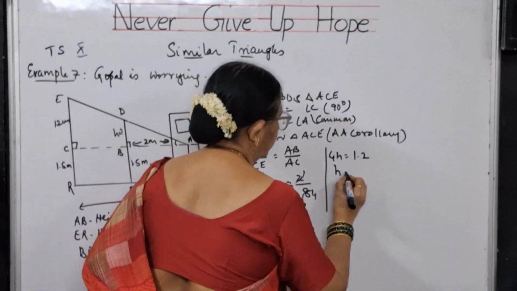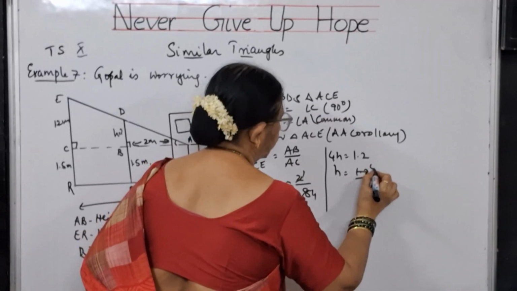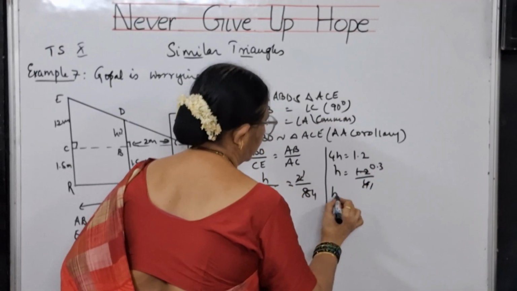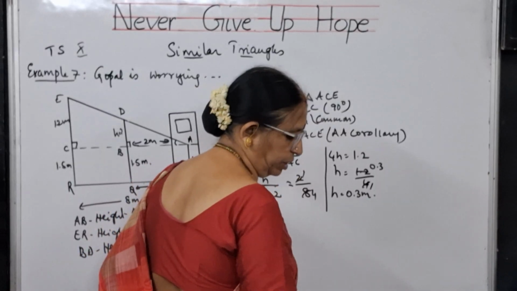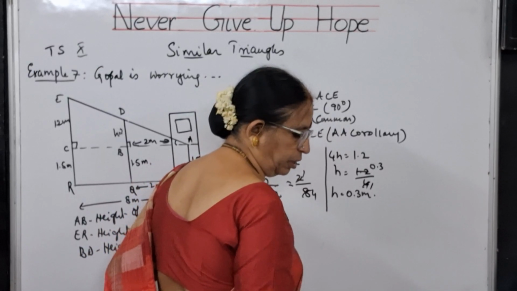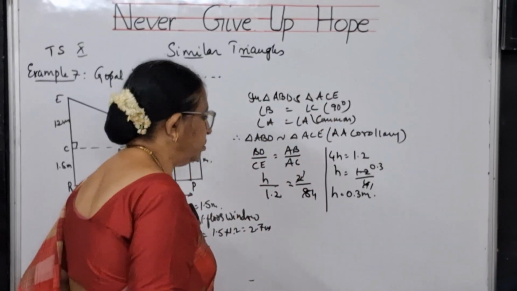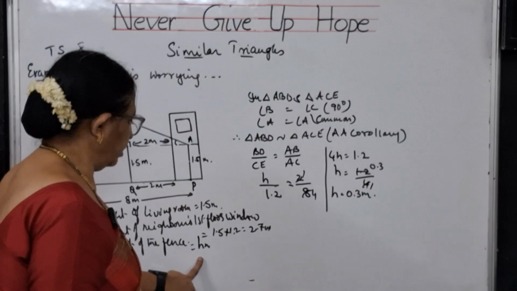So what is height? 1.2 by 4, 0.3. Height is equal to 0.3 meters.